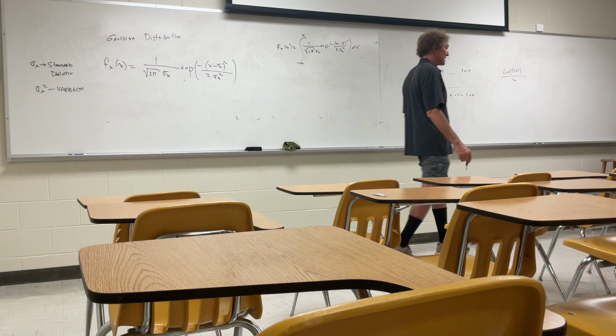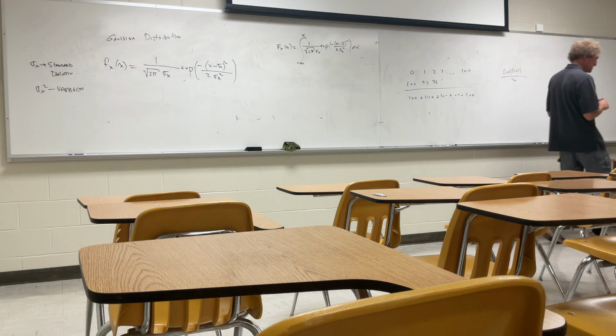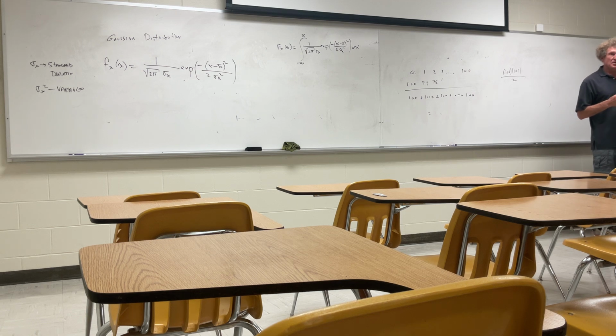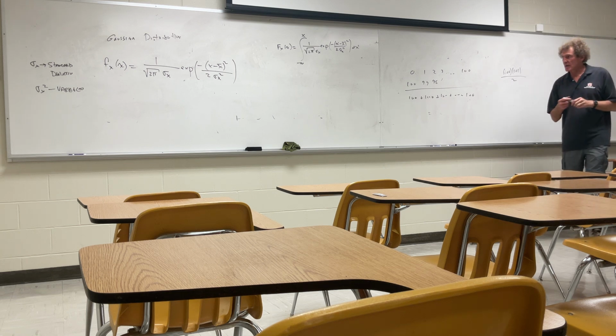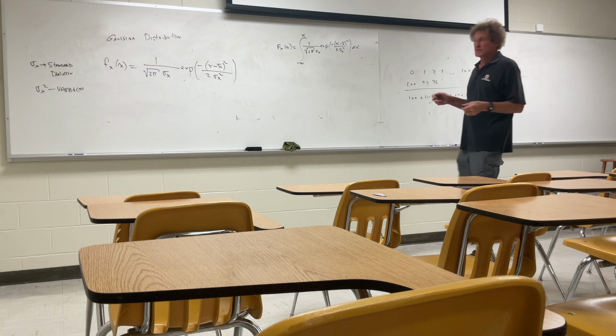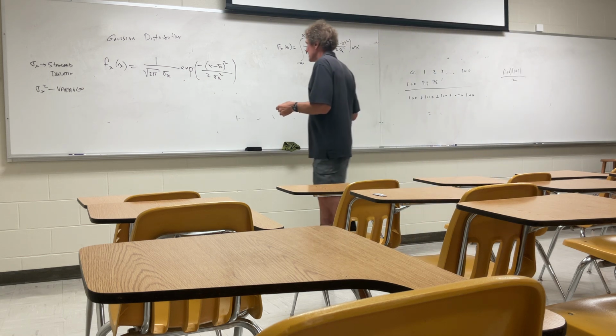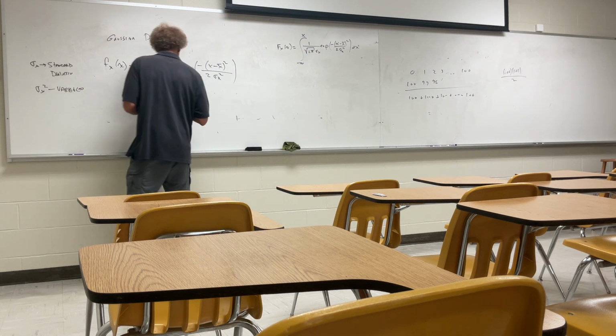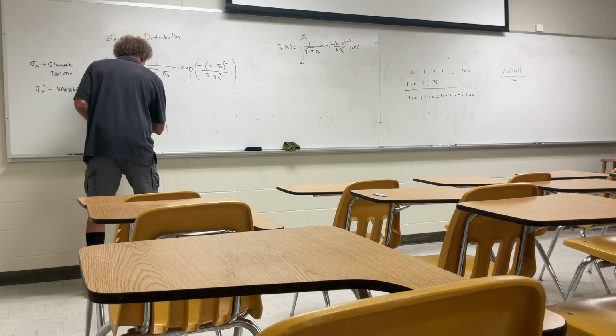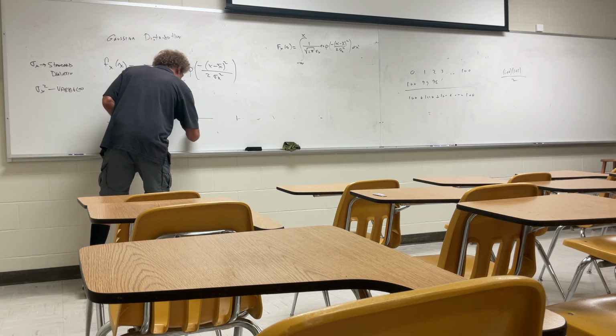I just want you to know that we're going to be using this, and there are many things associated with it. When you look at this distribution, there's something you'll see about the mean value. It's symmetric. x bar is right here.